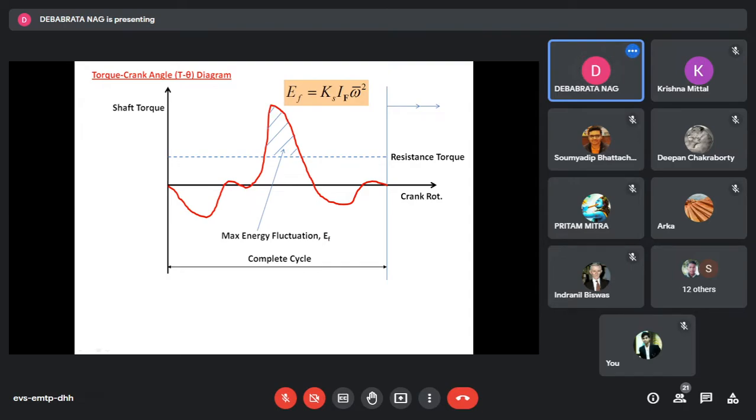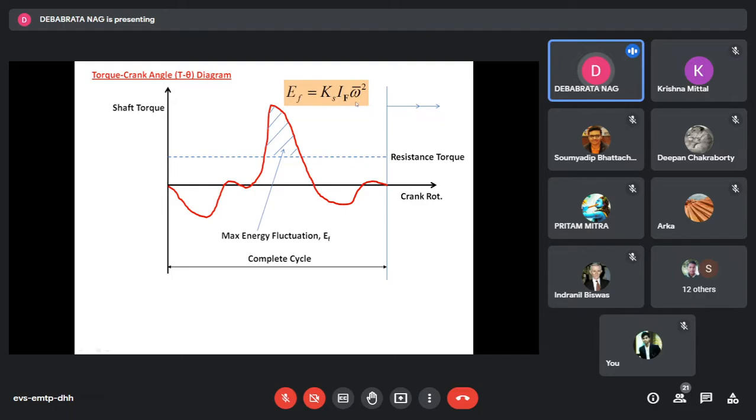So this is captured by the mathematical equation Ks into If into omega bar square. We will discuss it in detail in our third year class of dynamics of machines. Here Ks indicates the coefficient of speed fluctuation. That means, I have already said that there is a speed band, right?